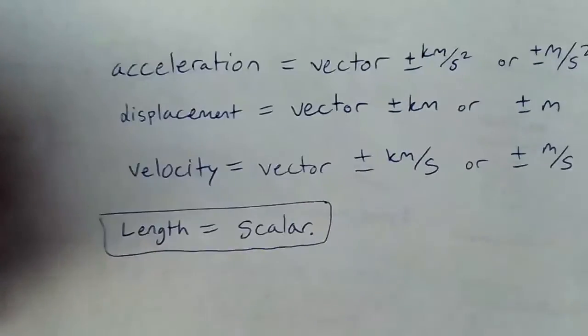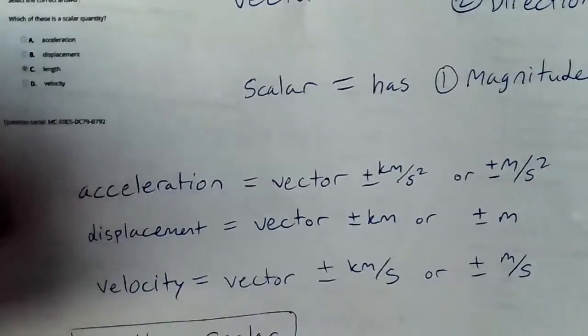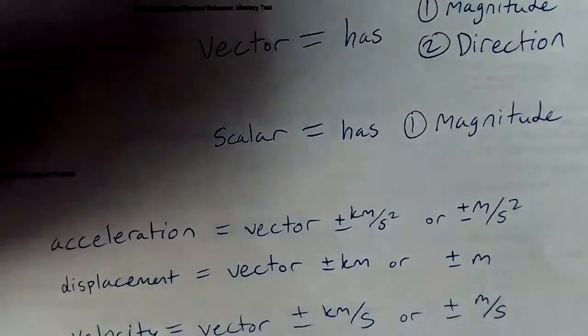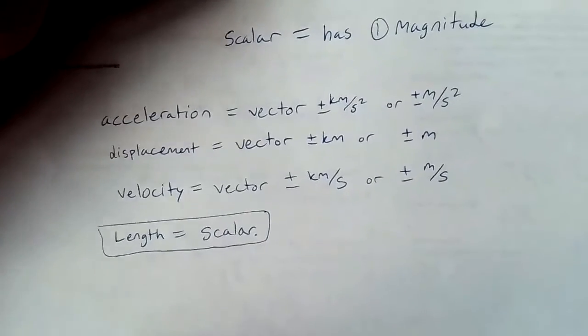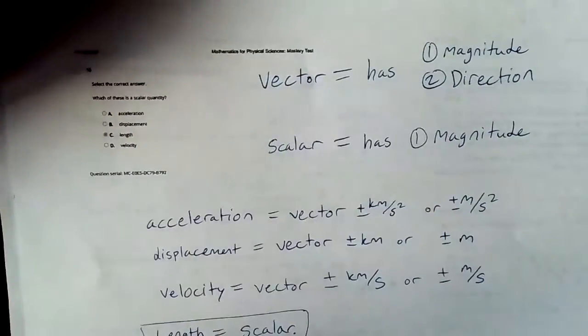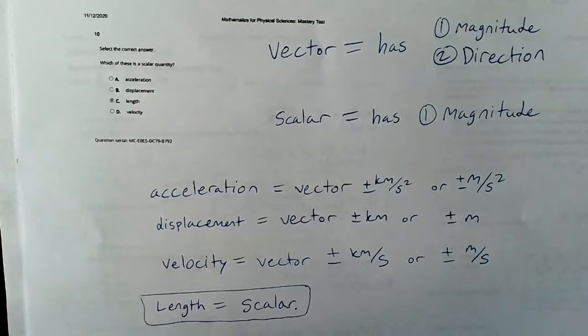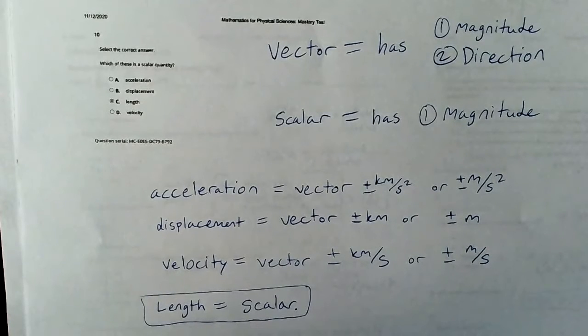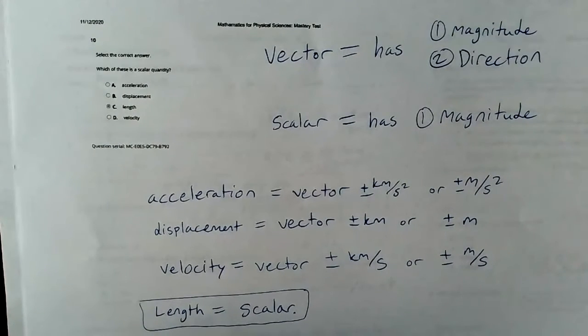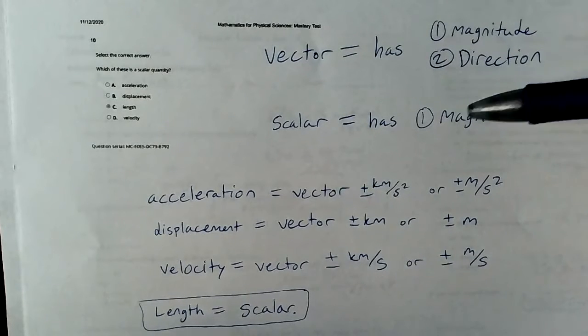And then we have this last question. So we are back to scalar quantities. Which of these is a scalar quantity? Remember, vectors have magnitude and direction. Scalar quantities have just magnitude, no direction.